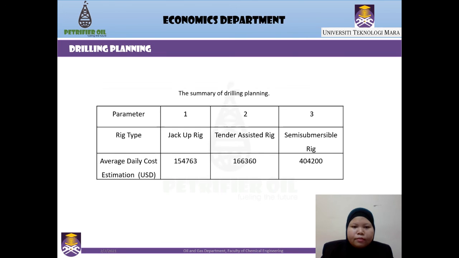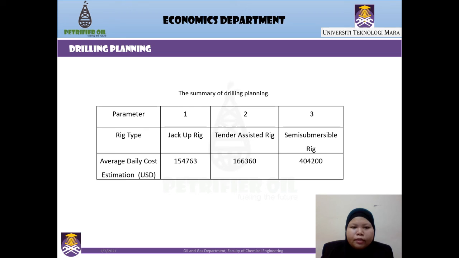Next, moving on to the drilling planning. This table shows the summary of the drilling planning proposed by the drilling engineering department. They proposed three options. The first option is using the jacket rig, the second option is using the tender assisted rig, and the third option is using the semi-submersible rig.